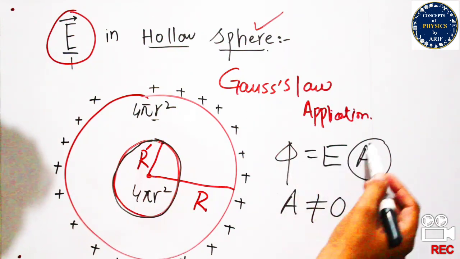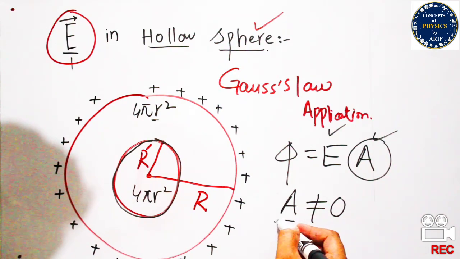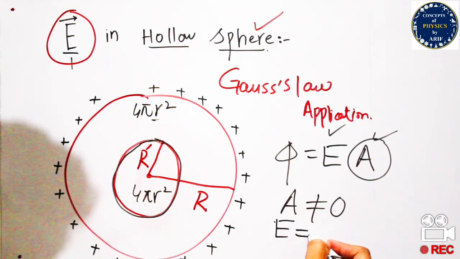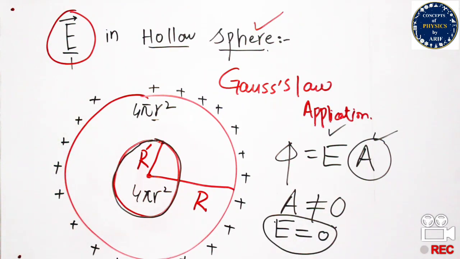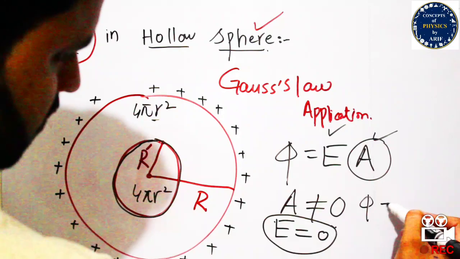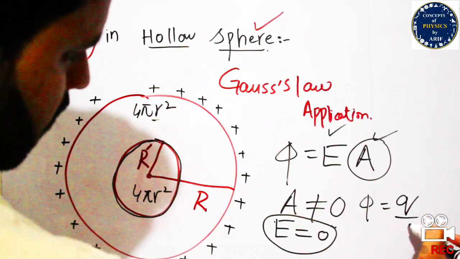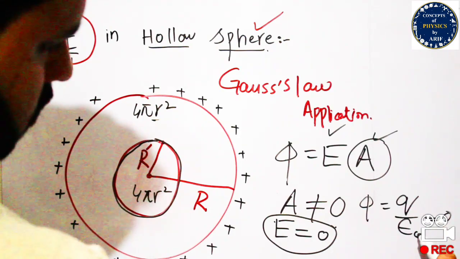so this area cannot be equal to 0. So the flux is 0 in this case, which means that the electric field lines in the central region, or in the Gaussian surface, are 0. Electric field intensity is 0 in that region. This is the only possibility: when the flux is 0 in the central region, only the electric field intensity or electric field lines are 0, or there will be no electric field lines present in that Gaussian surface.